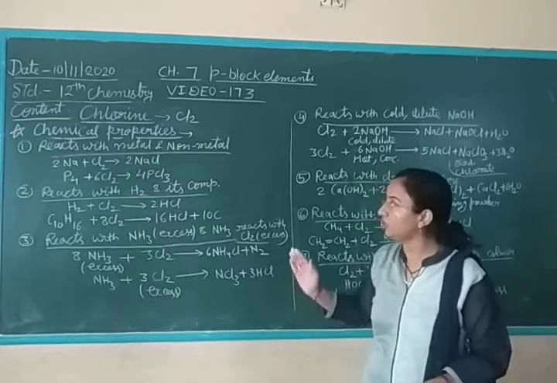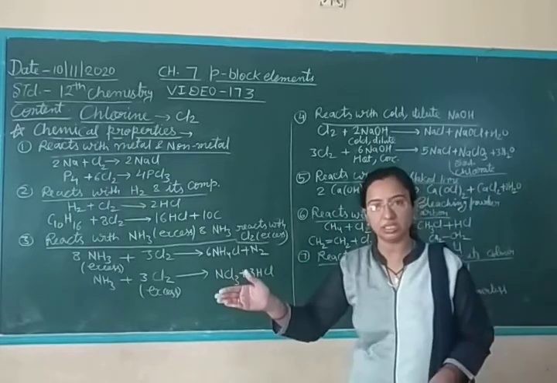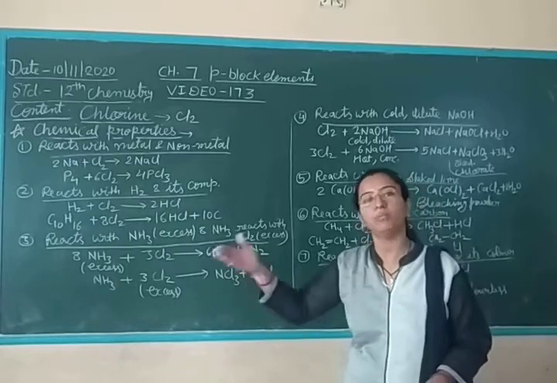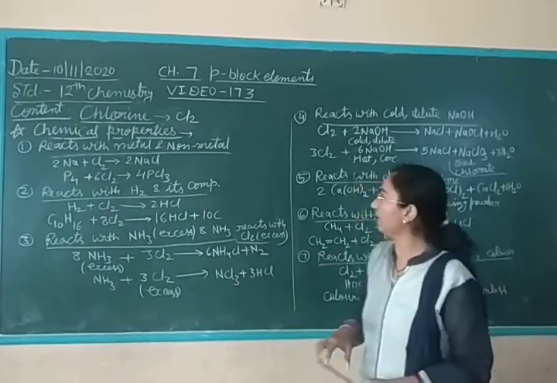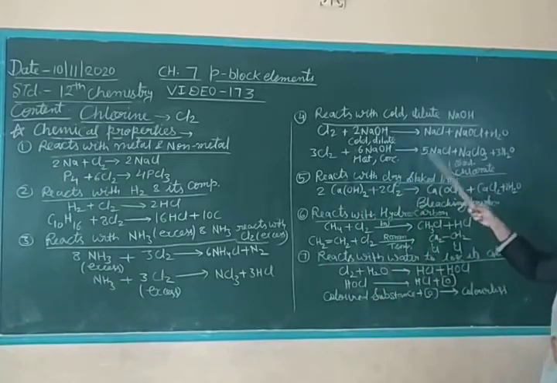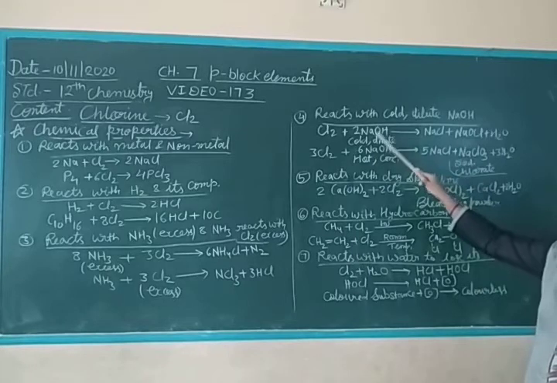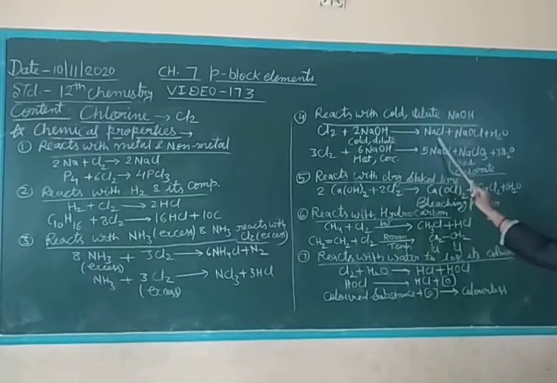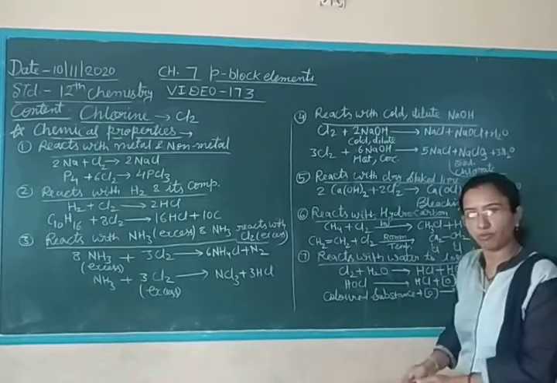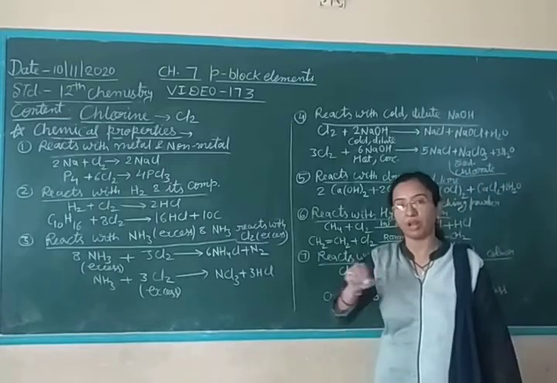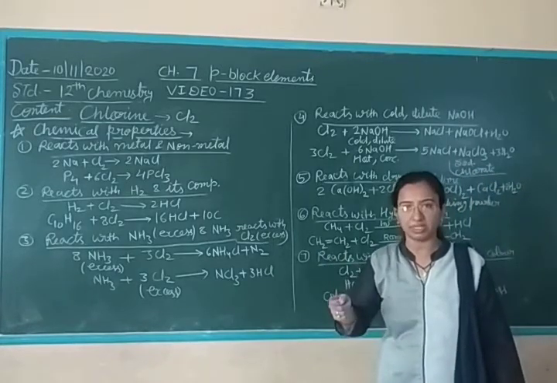So learn properly how chlorine reacts, like with alkali metals, to form this compound. You easily understand, like the reaction with cold and dilute NaOH: when cold dilute NaOH reacts with chlorine, NaCl and NaOCl form. First, see perfectly which reactant reacts and which product is formed, and then practice.